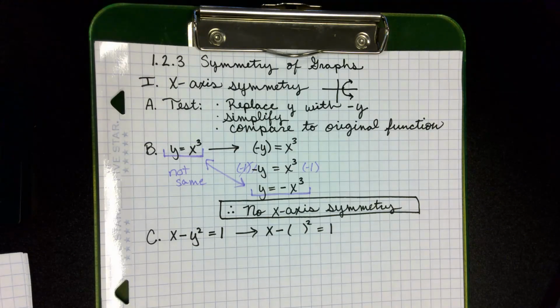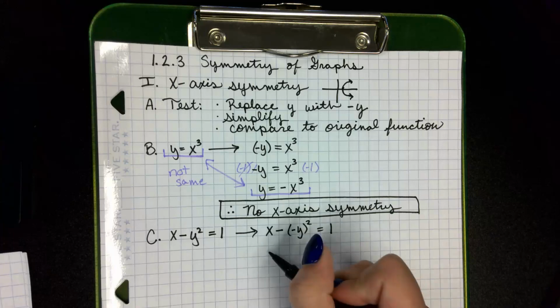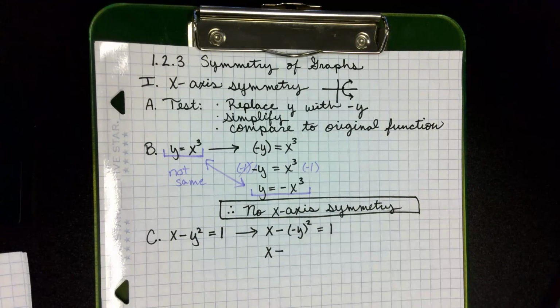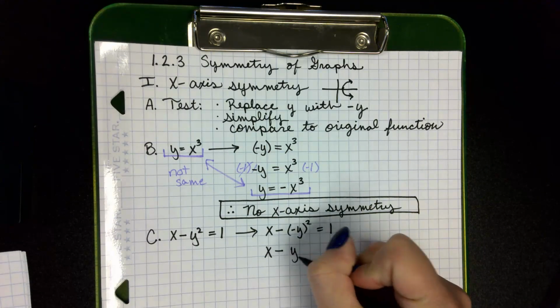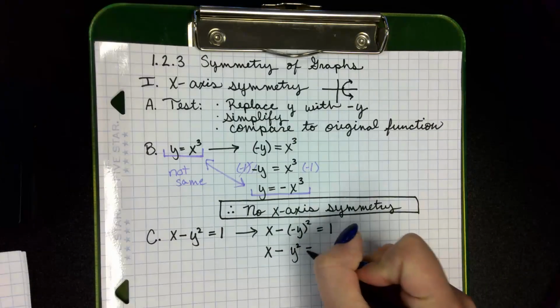In the blank, I'm turning all my y's into negative y's, so I fill in a negative y. Next step is to simplify. Nothing's happening with the x minus, so I'm just going to write that down. I have parentheses squared, so that's everything in parentheses times itself. So negative y times negative y is positive y squared, right? The negative times negative becomes positive. So y squared equals 1.